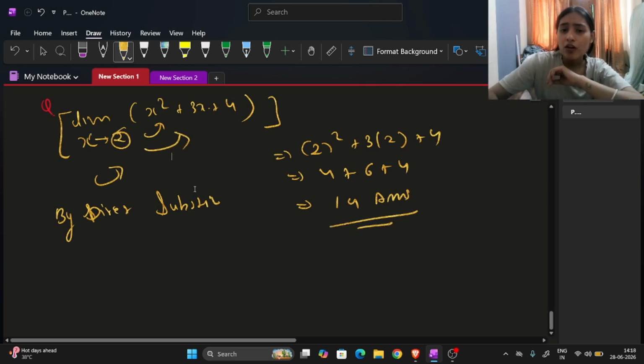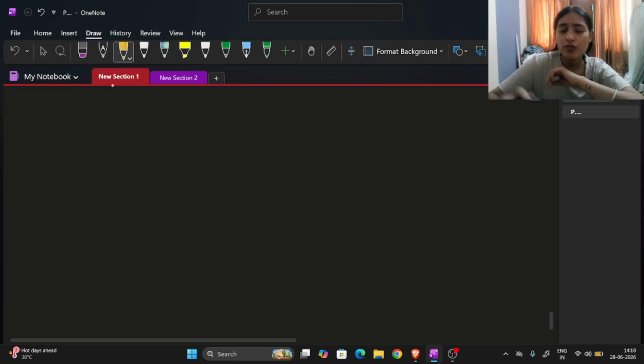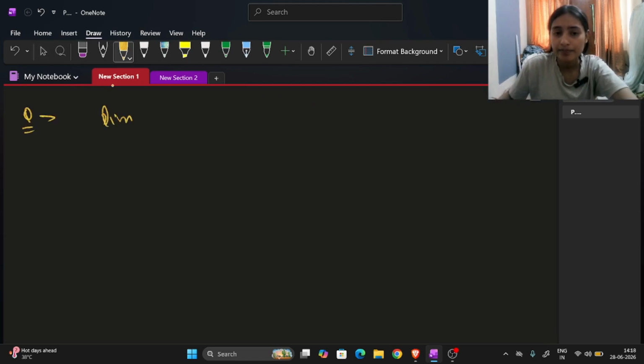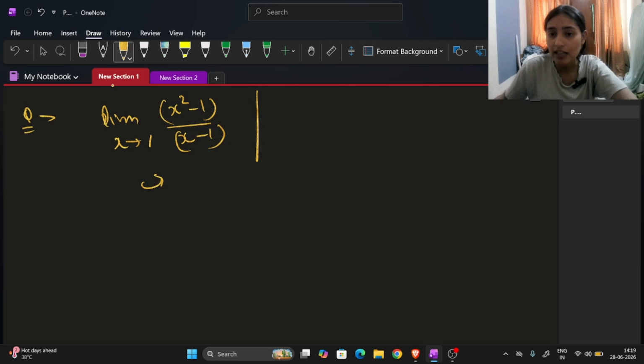Now there is a second question. Whenever you see a question like this: limit x tends to 1, (x squared minus 1) over (x minus 1). If we try direct substitution, the answer would be 1 minus 1 over 1 minus 1, which is 0 over 0, which is not possible.